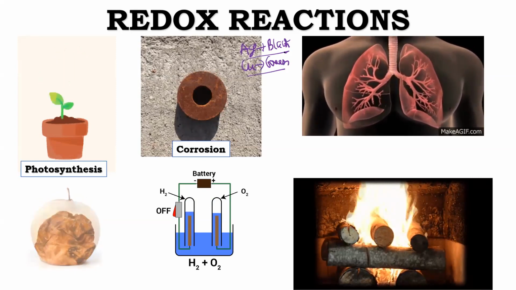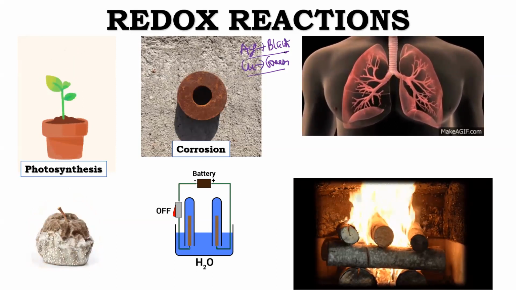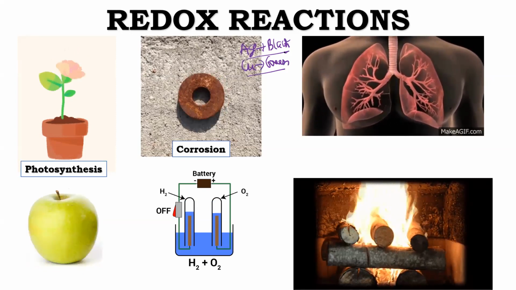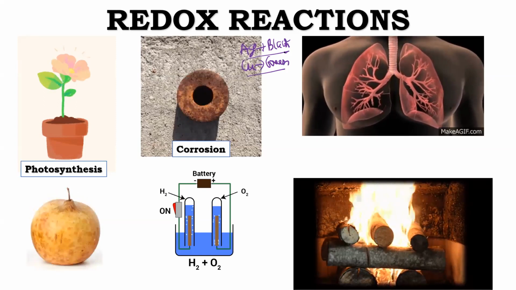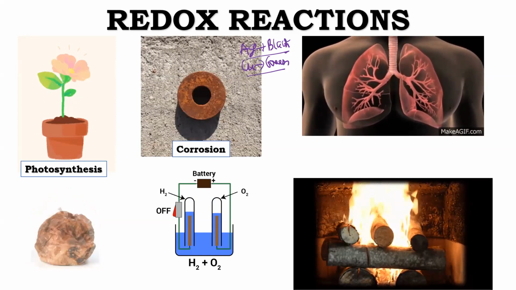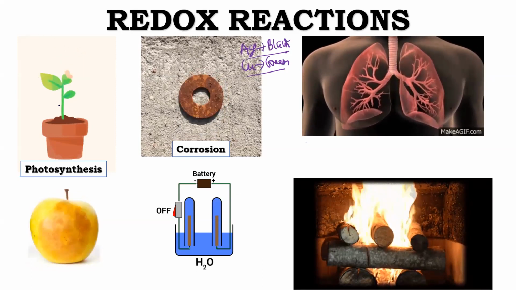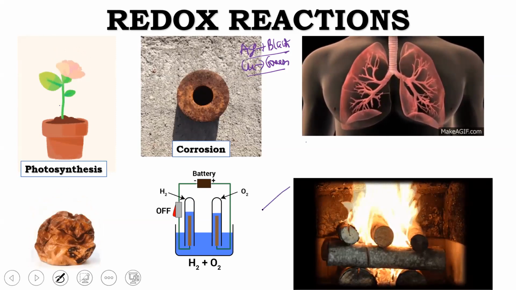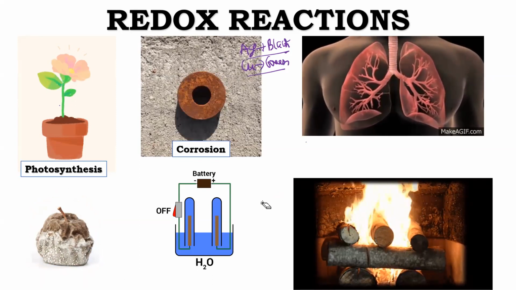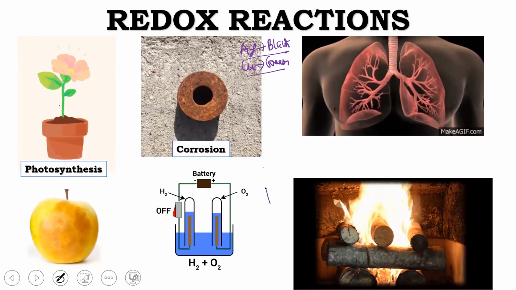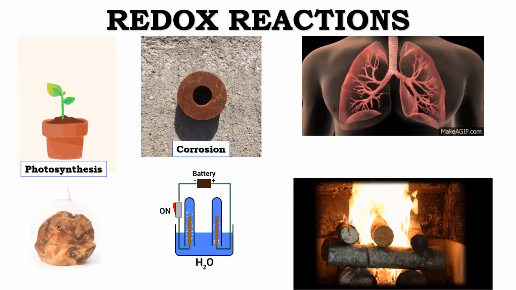I think in one of the examinations they asked that rusting is an example of, they wrote many things, and redox reaction was the correct answer. And next we have respiration, which is also an example of redox reaction. So just keep that in your mind.